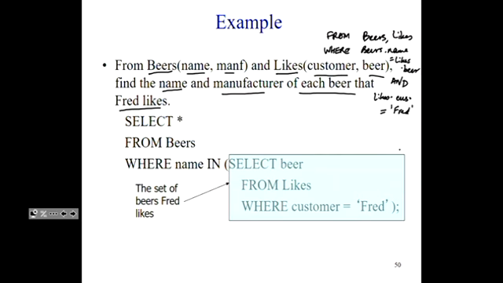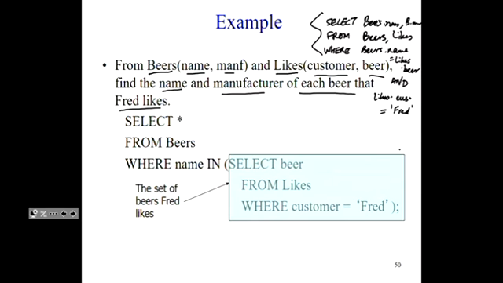Okay, and then the select would simply be beers dot name and beers dot manufacturer. Okay, it's a pretty straightforward query. It's not super complicated.